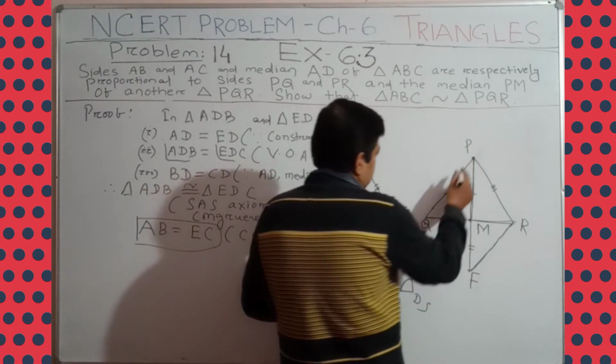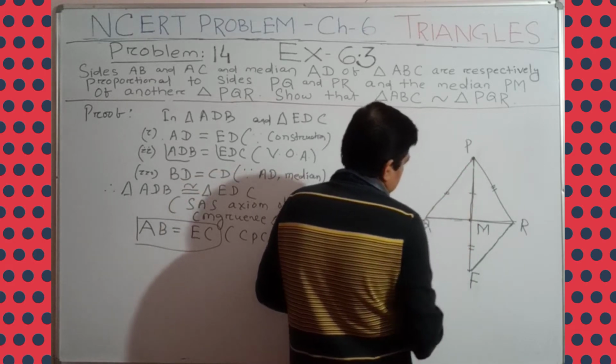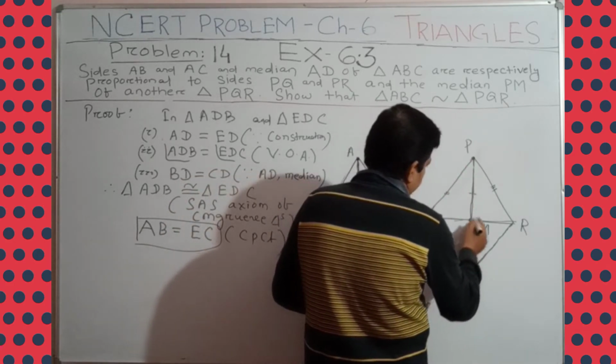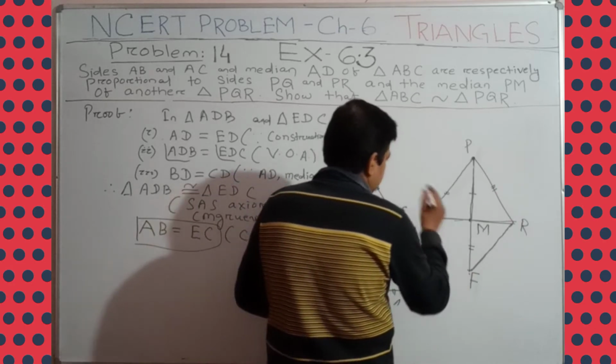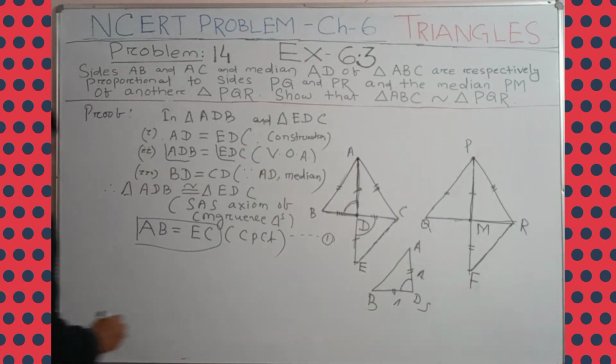Which triangle? Triangle PQM is congruent to triangle FMR. Can you prove it?